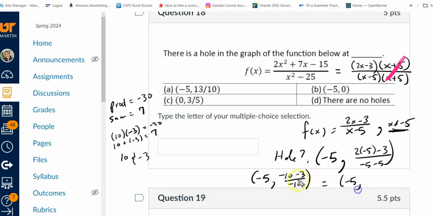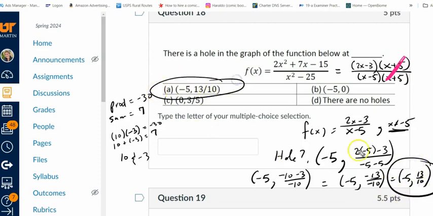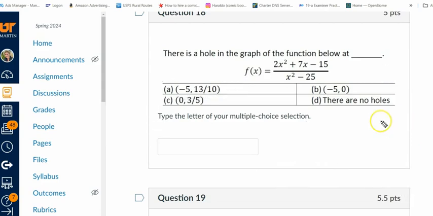That's going to be negative 13 in the numerator and negative 10 in the denominator. The negative signs cancel. That's going to be 13 tenths. And that's matching up with A. So our answer is going to be A.